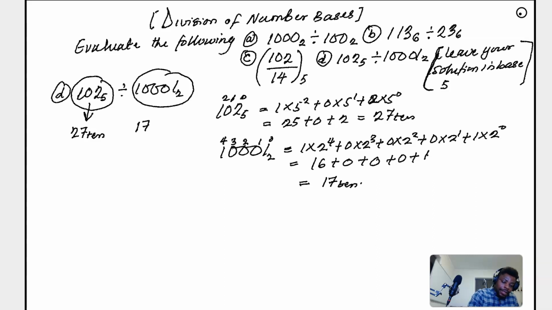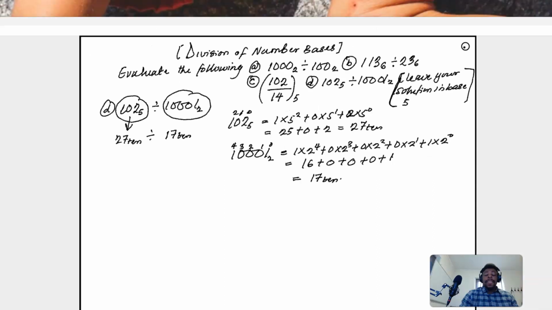So 17 base 10. Now, we have 27 base 10 divided by 17 base 10. So 27 divided by 17 is going to be 1.5882 in base 10.